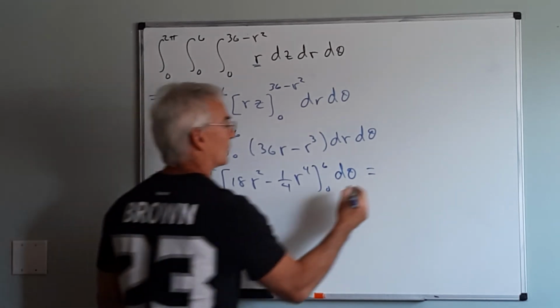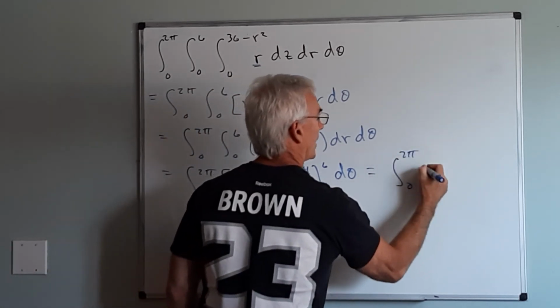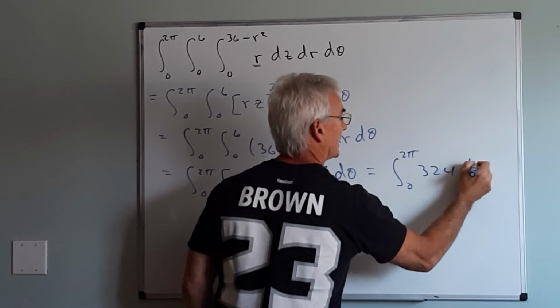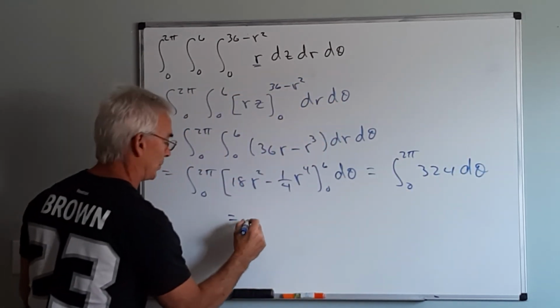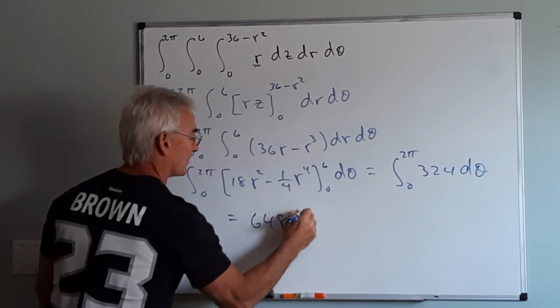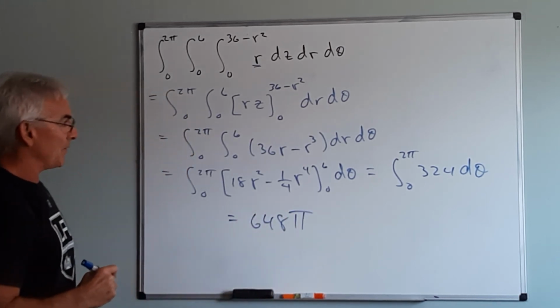That quantity right there would be the integral from 0 to 2 pi of 324 d theta. And since we have a constant integrand, we can just multiply by the 2 pi, and we get 648 pi. So that would be the volume of the shape.